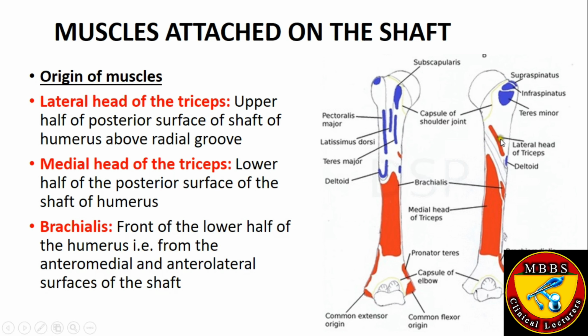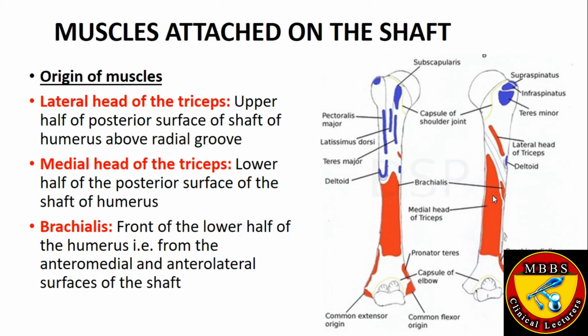You can see here, this is the origin for the lateral head of the triceps. The medial head of the triceps arises from the lower half of the posterior surface of the shaft of the humerus.